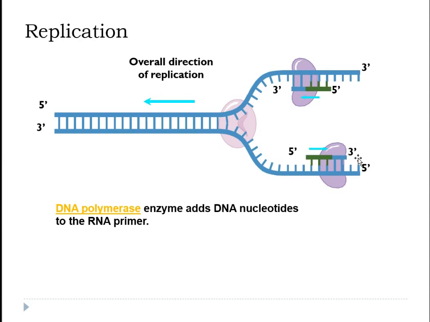But the problem is that this can only go in one direction. It can only read this information in one direction. And it reads it from a 5' to 3' direction. So over here, we have our 5' to 3' direction too. And these are dictated because of the parent strand.